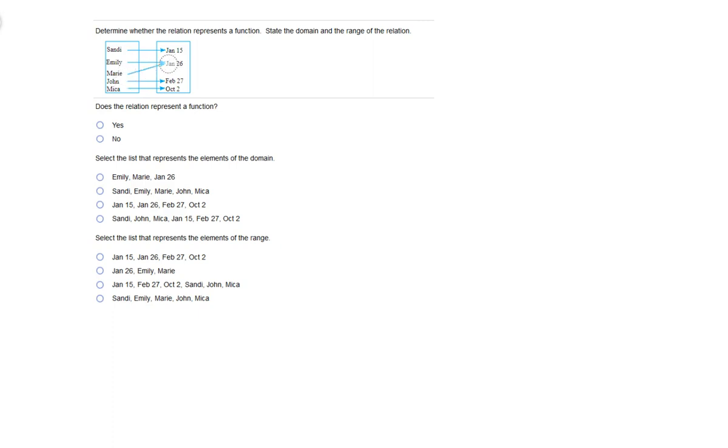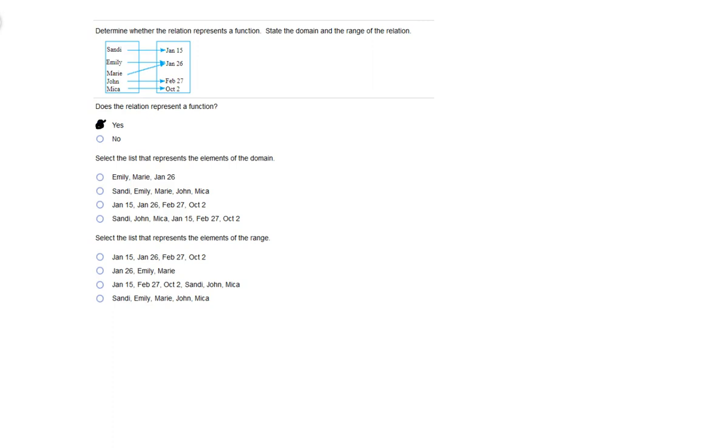Marie just once with January 26th. And John just once with February 27th. And Micah just once with October 2nd. So that does satisfy the definition of a function in which each first coordinate corresponds to exactly one second coordinate. So we're going to say that yes, this relation represents a function.